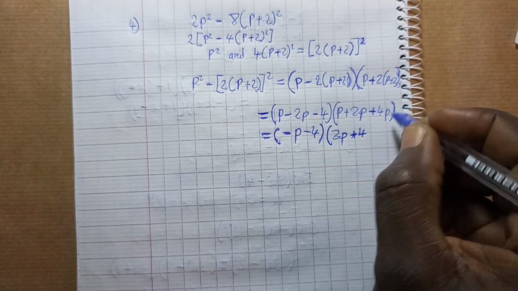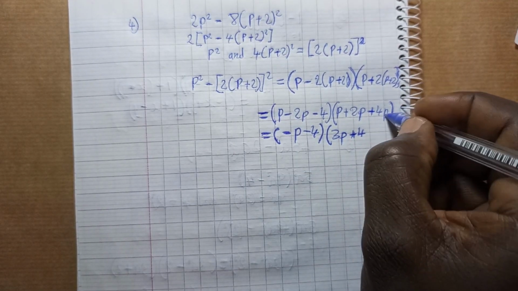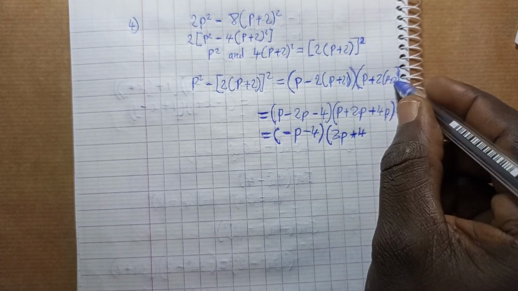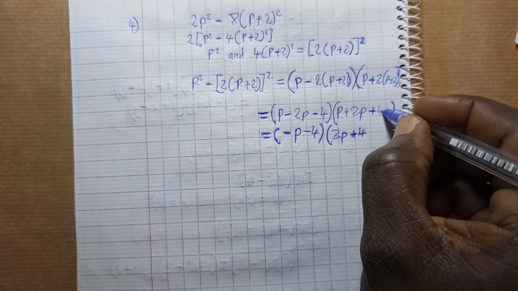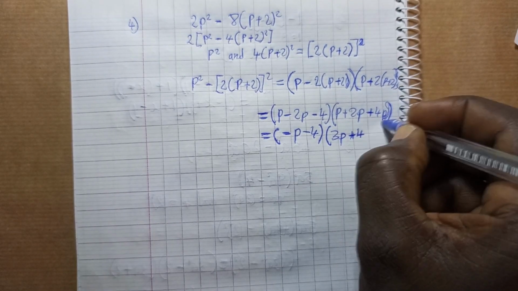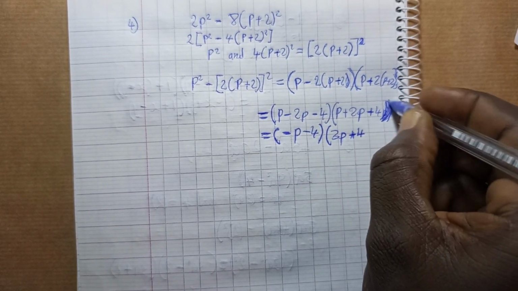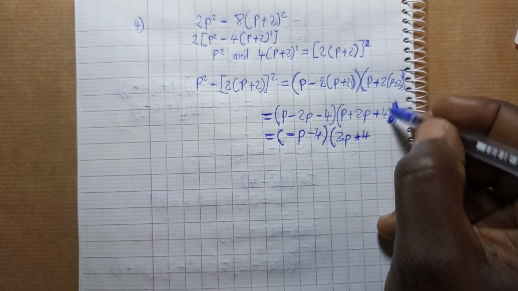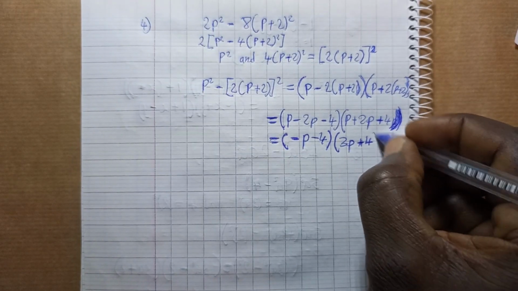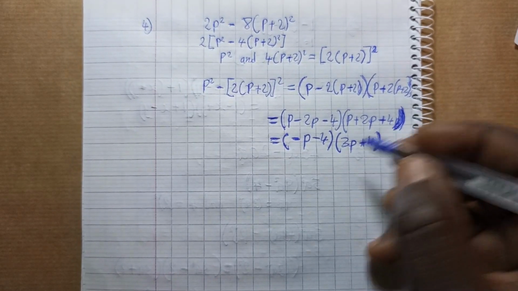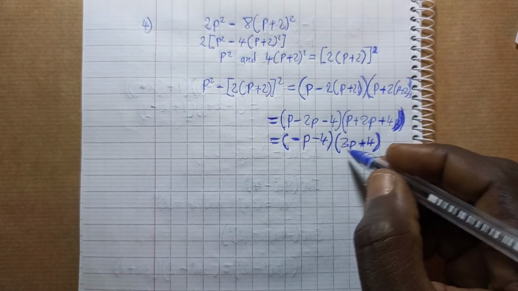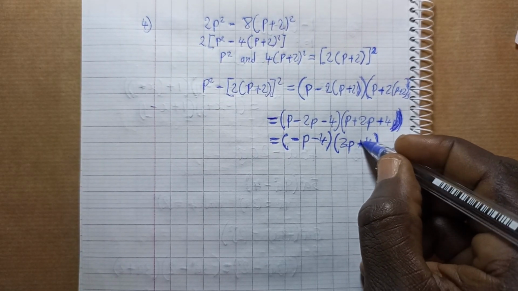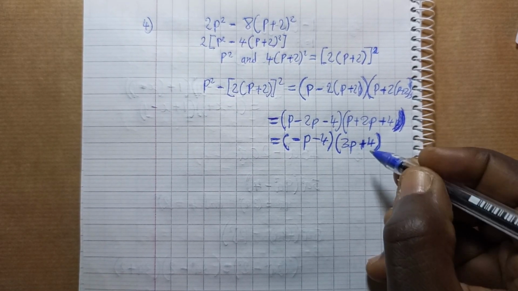3p plus, I think there is an error here. We did 2 times 2, which is 4, not 4p. It's just 4. So this is the answer I got while simplifying this.